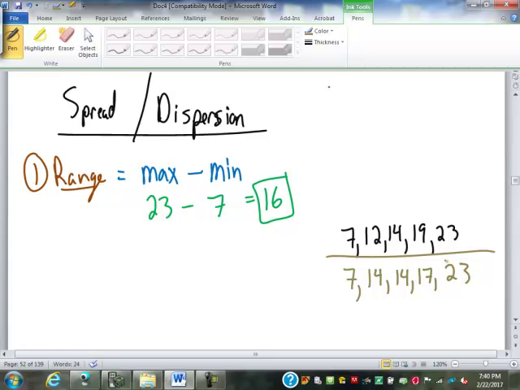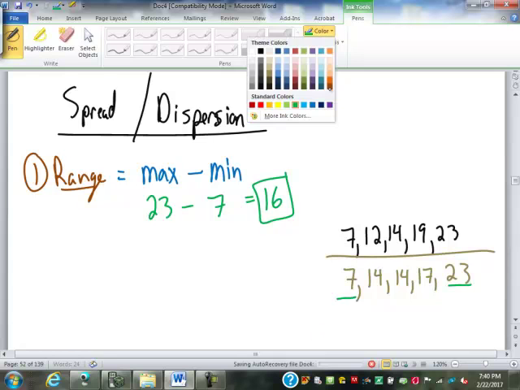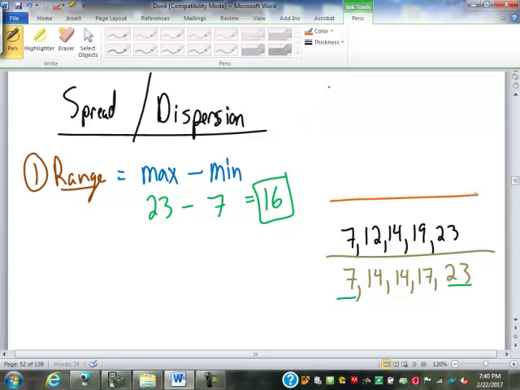This set of data is less spread out than the first set, but it has exactly the same range. The range is still going to be a maximum of 23 minus a minimum of 7. But if I were to do this out with a dot plot, we're at 5, 10, 15, 20, 25.